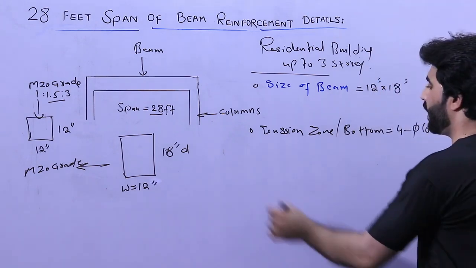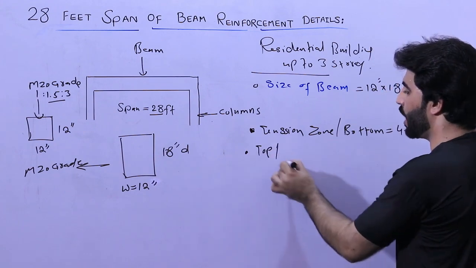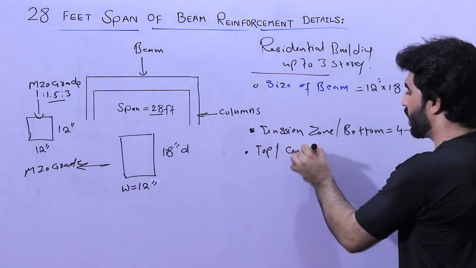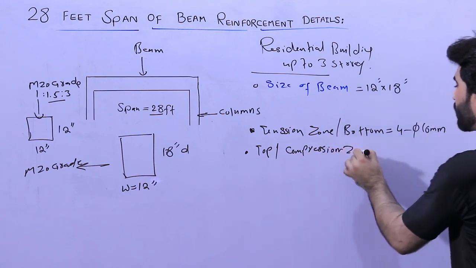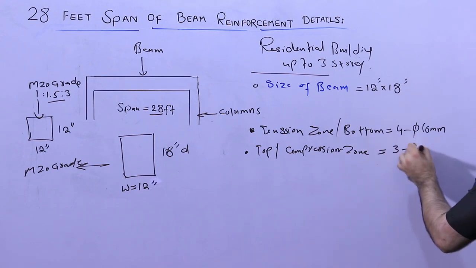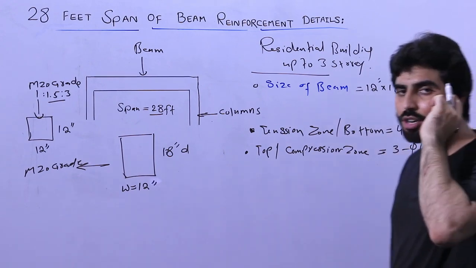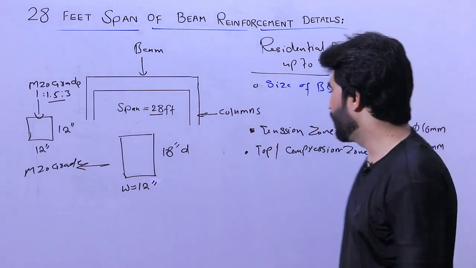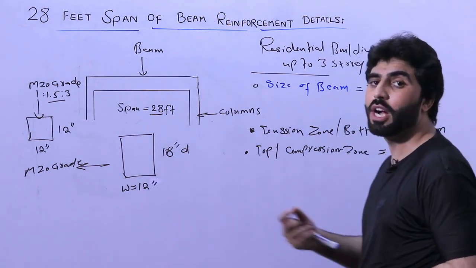Next, remember the top portion, or compression zone. At the compression zone, we provided 3 bars and the dia was 16 millimeter. I already did this design for one of my clients. I did the calculation, so I am not wasting your time.